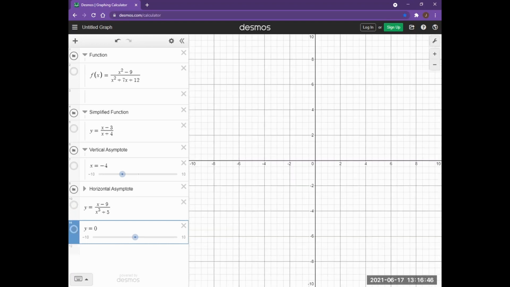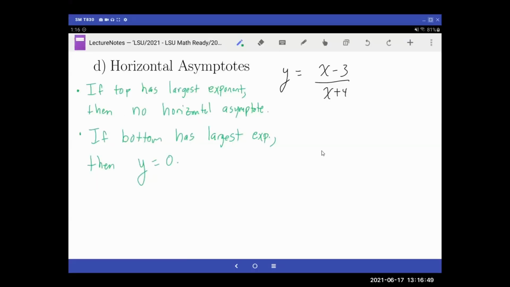Now, for our problem here, the degree of the top, or the highest exponent, is 1. The degree of the bottom, or the highest exponent of the bottom, is 1. So it's the same. That's the case we need to account for.